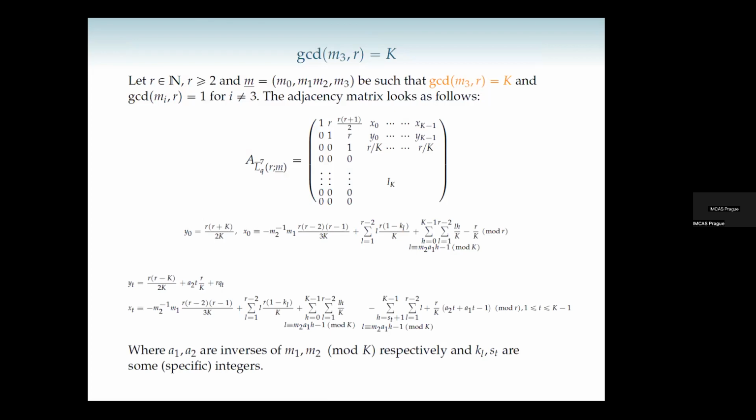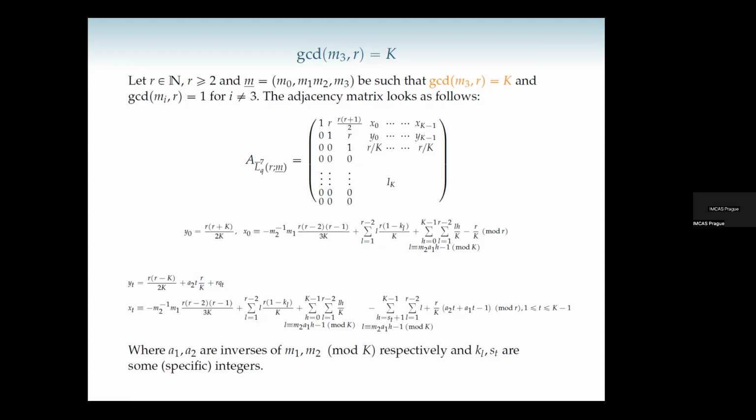So you don't have to look closely at it, but it's just to give you an impression of how difficult it is to calculate. Remember that the entries in this adjacency matrix correspond to a number of paths in this big graph. So you have to calculate all the paths and make a nice formula for them. And you see you have a lot of sums involving something calculated modulo K or modulo R or something like that.